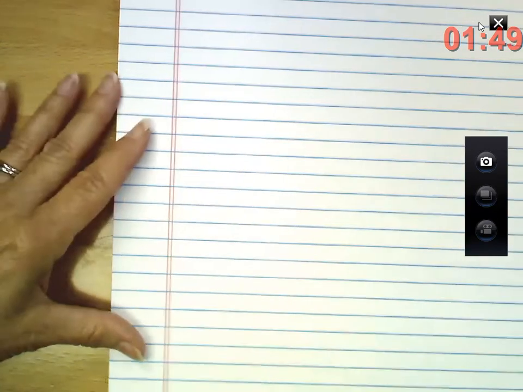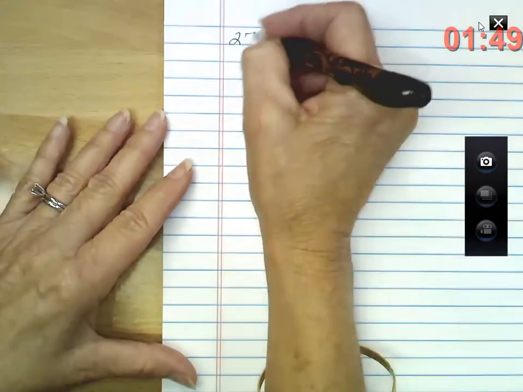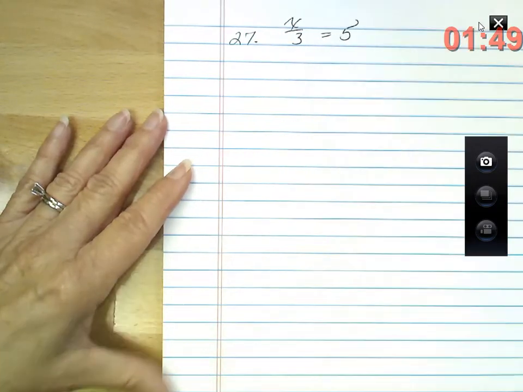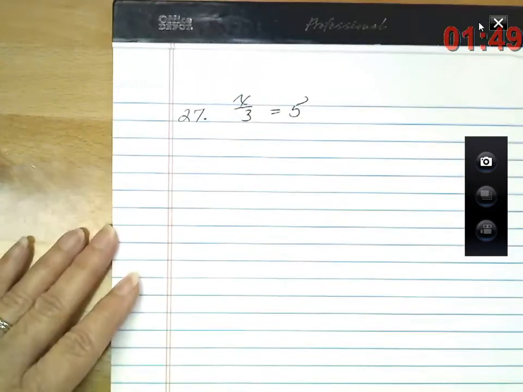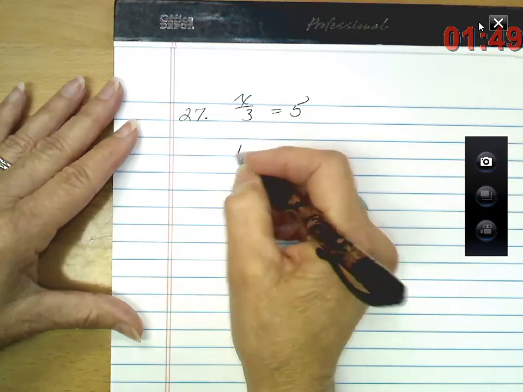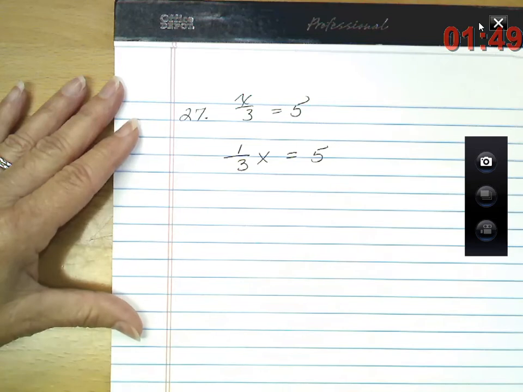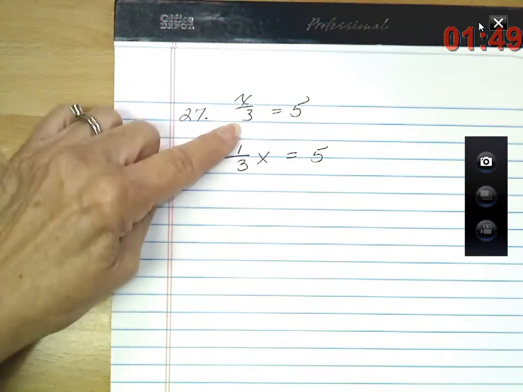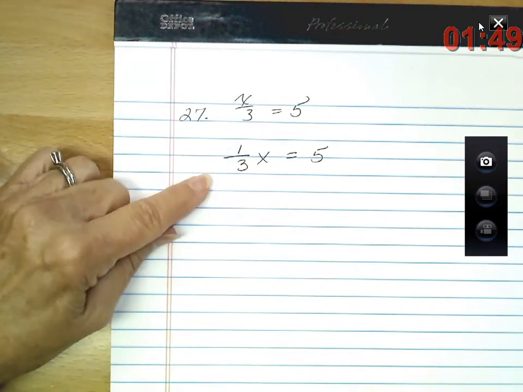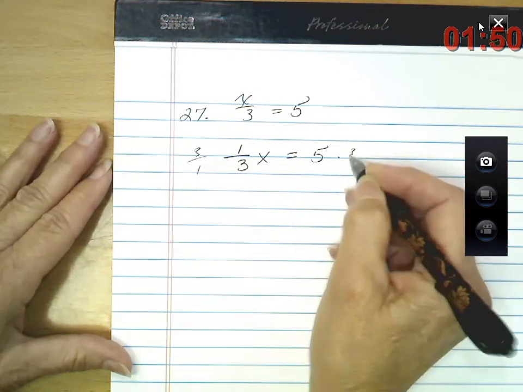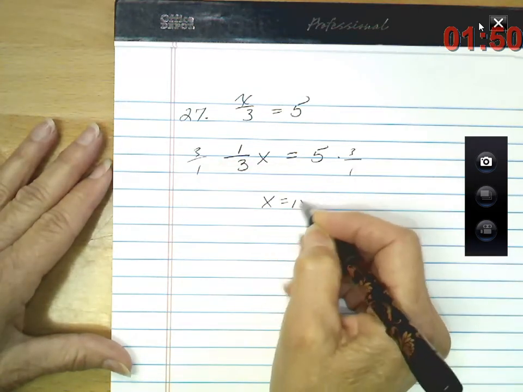Look at number 27. This is x over 3 equals 5. This is the same thing as 1/3 x equals 5. X divided by 3 is the same thing as 1/3 of an x. So you would multiply by 3 over 1, so that's 15.